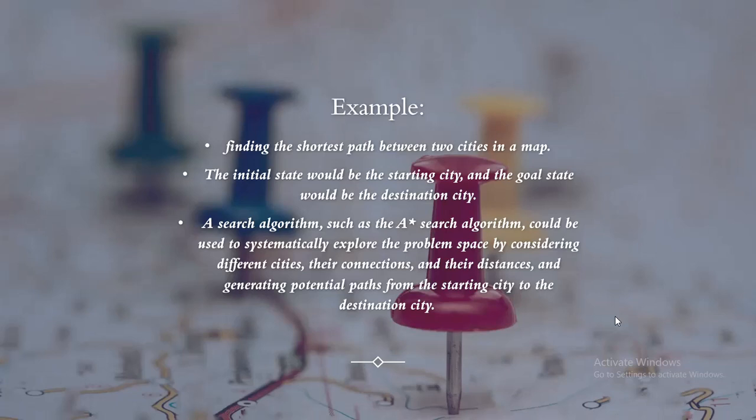The initial state would be the starting city and the goal state would be the destination city. A search algorithm such as the A-star search algorithm can be used to systematically explore the problem space by considering different cities, their connections, their distances, and generating a potential path from the starting city to the destination city.